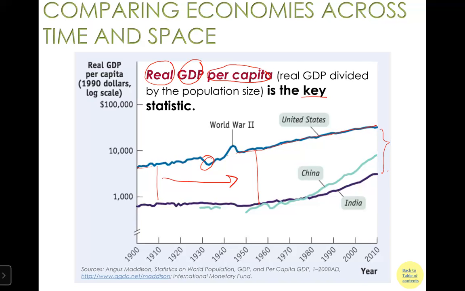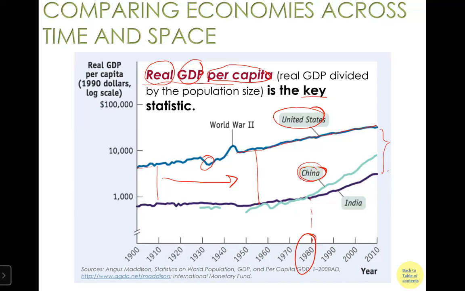This is also true if we look at China, or maybe more significant. Particularly, the gap in real GDP per capita between the United States and China has been narrowing since 1980.